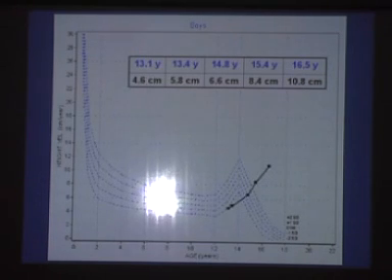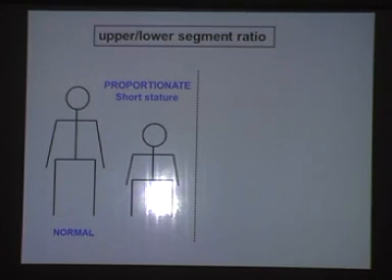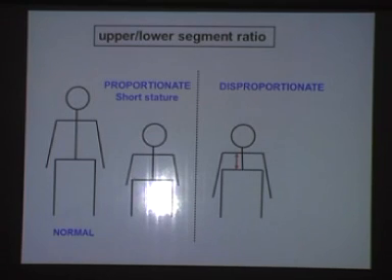And this is a boy with thalassemia with a delayed peak, and if you look, here the growth spurt is delayed by 2 years. We can also relate the upper and lower segment ratio to distinguish proportionate short stature from disproportionate short stature with a short trunk or short limbs, and these are common in thalassemia.